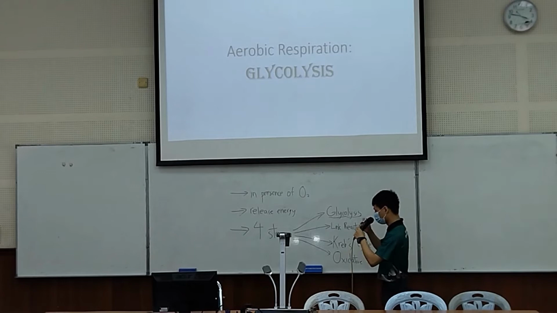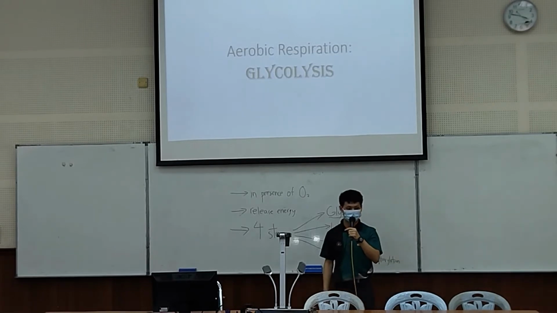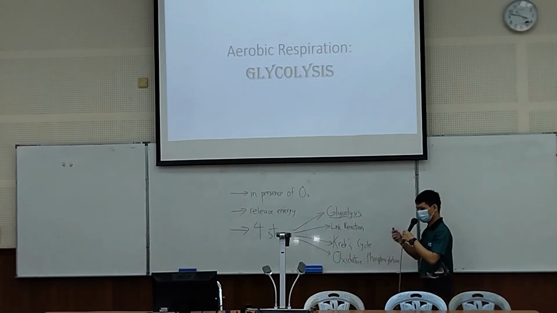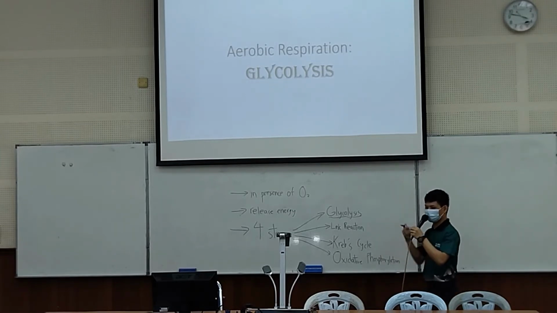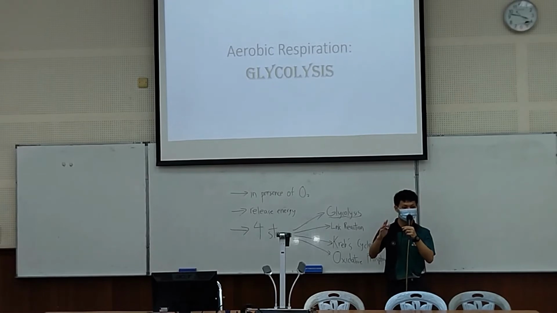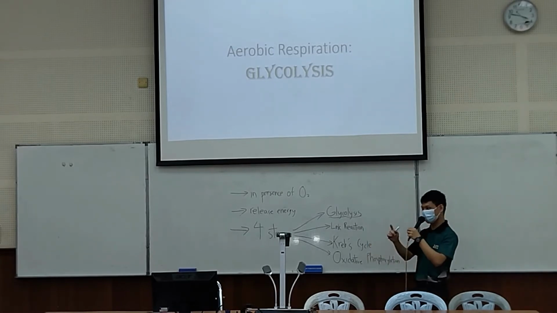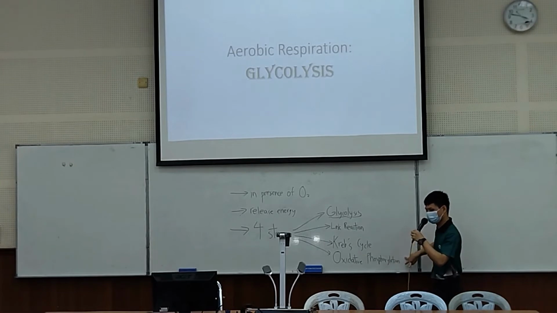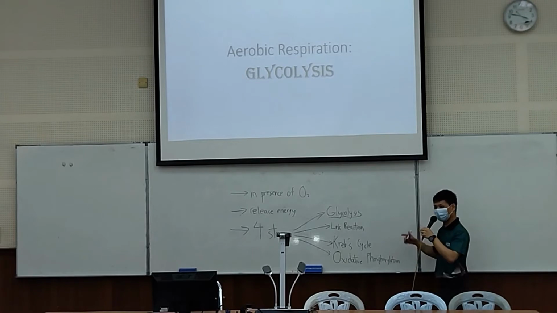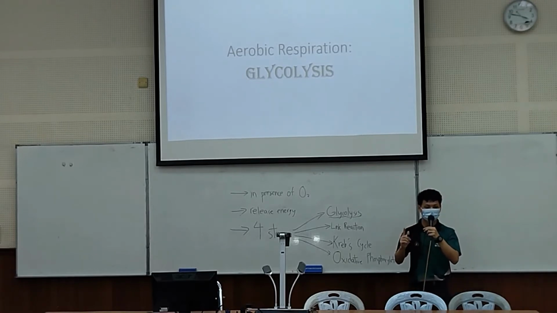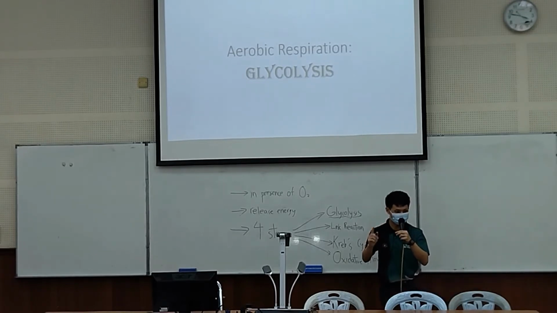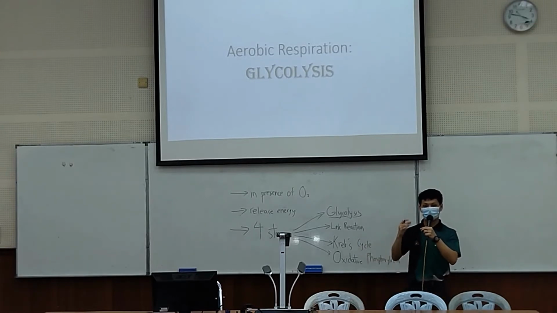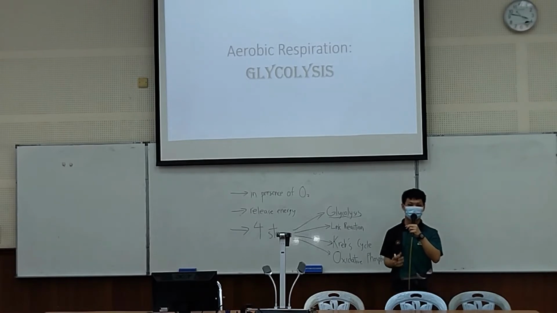Alright. So, what is so special about glycolysis? There are 2 reasons why glycolysis is one of the most special processes compared to the other 3 stages in aerobic respiration. The first reason is that glycolysis is the only stage that does not occur in the mitochondria, but rather in the cytoplasm of a cell.